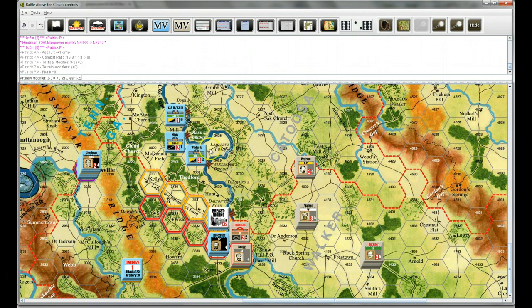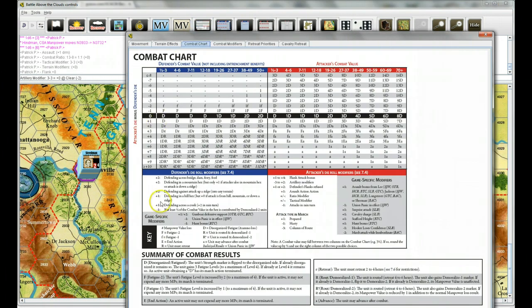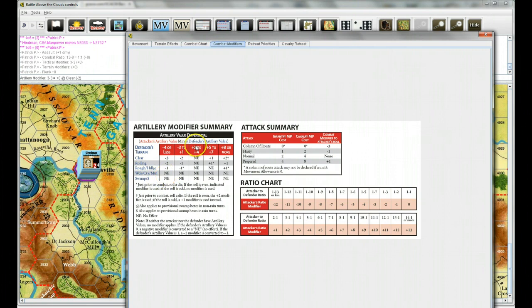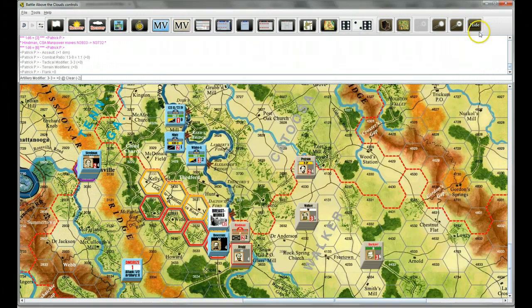And if you remember back in our combat chart, when you look at the artillery modifiers, it's 3-3, so that is a +0. And he's attacking into clear, which means he's going to get a -2 added to his assault roll. As you can see, I've noted that right up here. So that is probably the most detrimental part of this entire attack, is that he's going in there into the massive cannons right in their face.